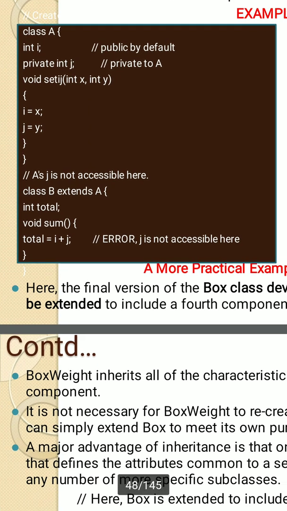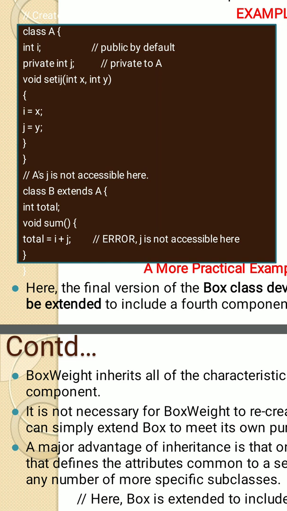After that, class B is a subclass that extends the superclass A, and it is also having its own methods and variable. But when you want to access the method sum, it has the statement total is equal to i plus j.